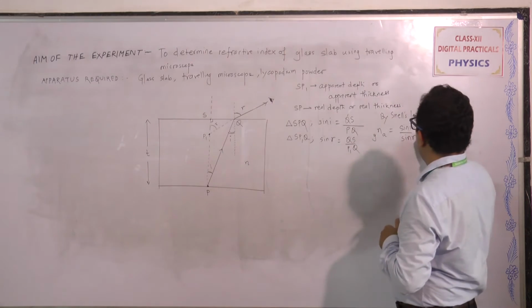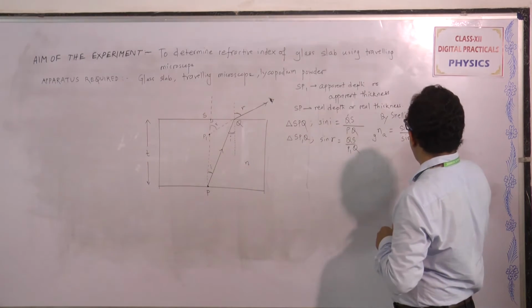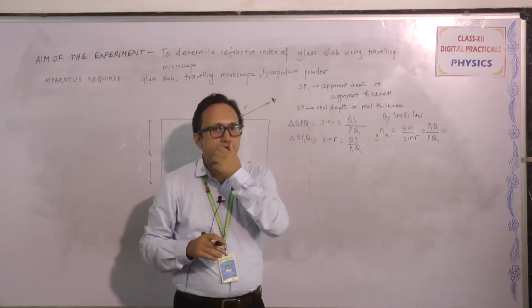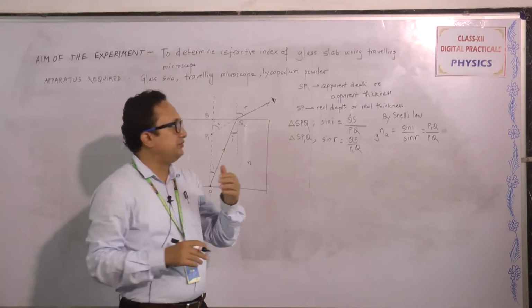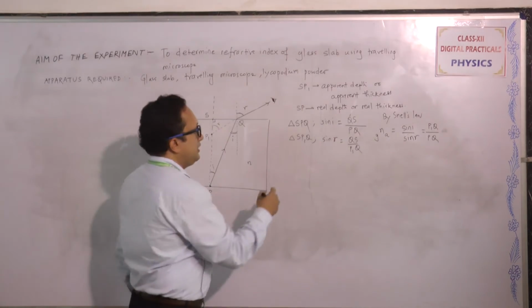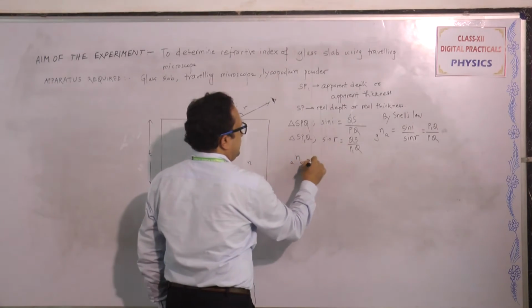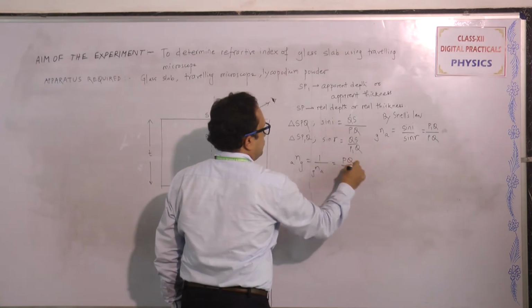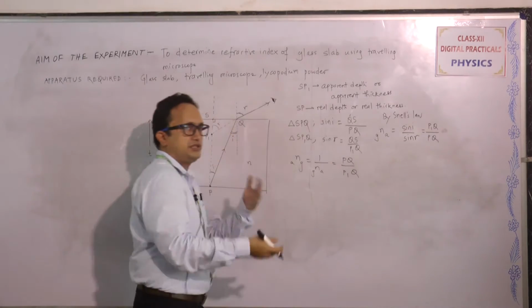If you do the math, it is P1Q by PQ. But most of the time we go for the absolute refractive index, where we try to find the refractive index of the material with respect to air. So NAG is 1 by NGA, which is actually PQ by P1Q. I'll just invert.